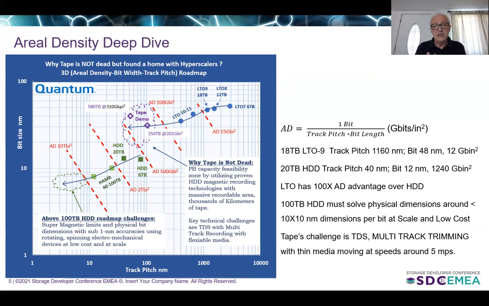Then when you go to a similar capacity hard disk drive, you have to go way down towards the bottom left corner. You find a 20 terabyte hard disk drive, the green data point here.